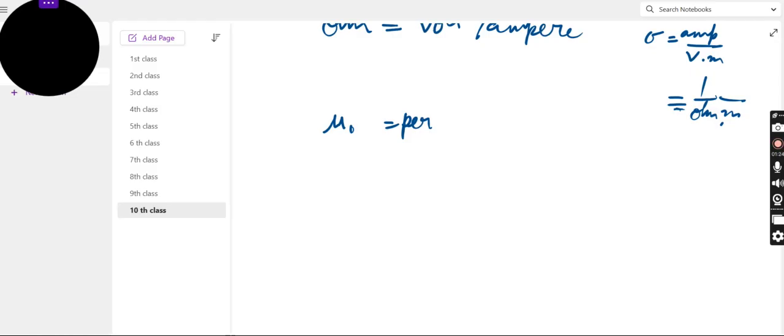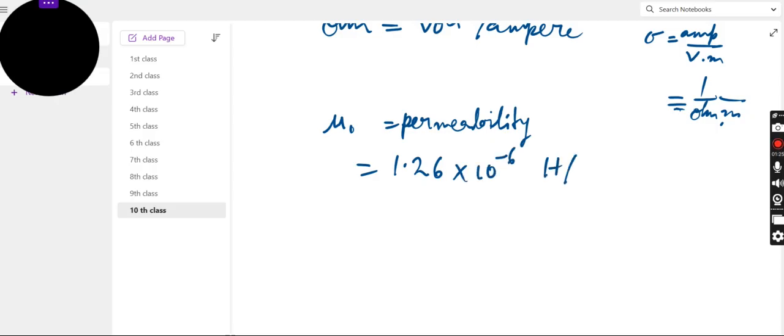This is permeability, equal to 1.26 into 10 to the power minus 6 H per meter. H is called Henry.